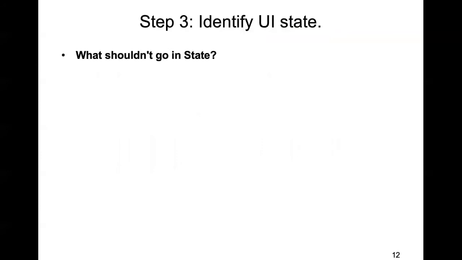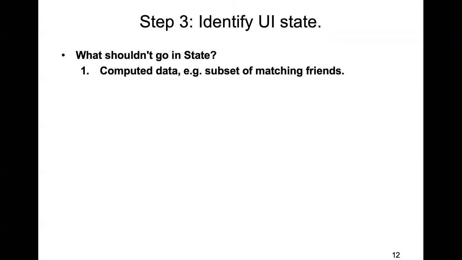Now, the question is, how do we identify UI state? I haven't still addressed that. Sometimes it's good to understand what shouldn't be UI state. The first thing is, I think I've mentioned before, anything that could be computed at runtime, that computed data should not be stored typically as a state variable in a component.